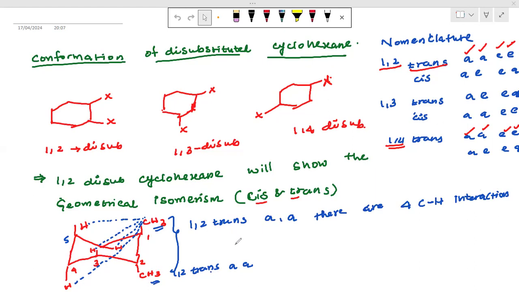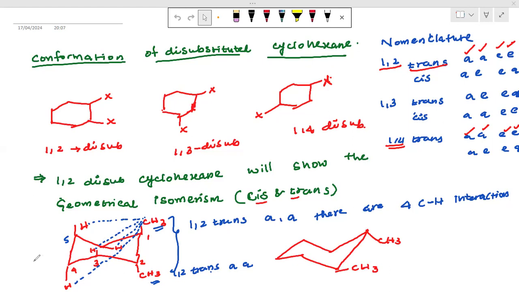So how will it be present? This is the other form, 1,2 trans, where both are equatorial, as we saw. Let us see how it looks. I am writing the structure of 1,2 trans equatorial. This is the equatorial methyl and this is also equatorial methyl.